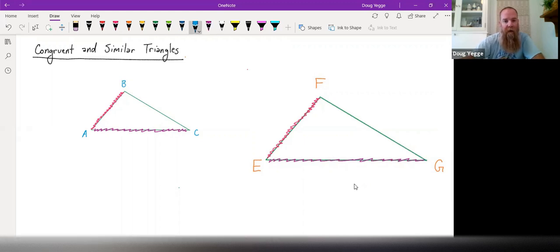And if we take a look at side BC, BC would be proportional to FG. So when we say proportional, that just means that when we take the ratio of two sides, each of those ratios should give something that's equal.